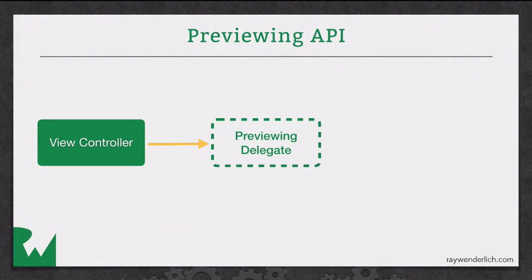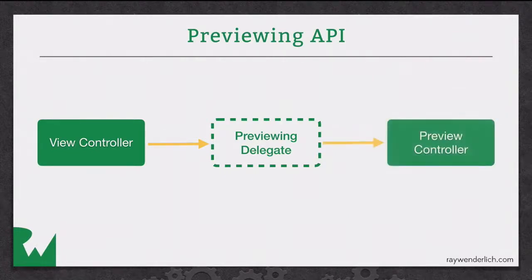This previewing delegate is what's responsible for receiving gesture information about when a 3D touch occurs and where. The previewing delegate then decides if a 3D touch is allowed to occur for a peek and pop, and the actual preview view controller that gets displayed.